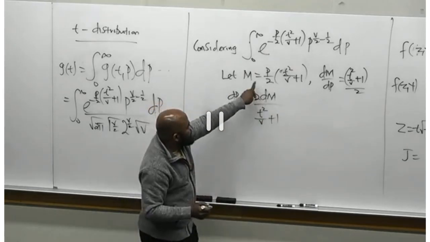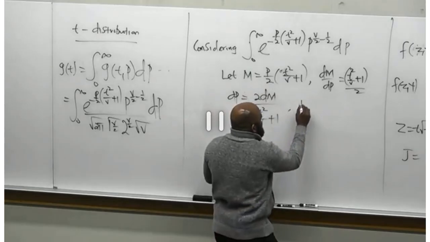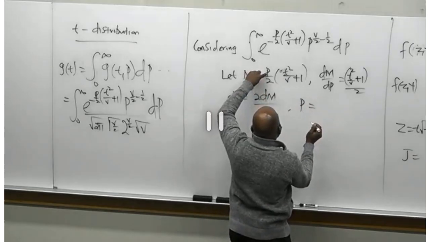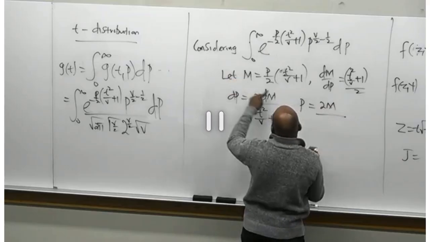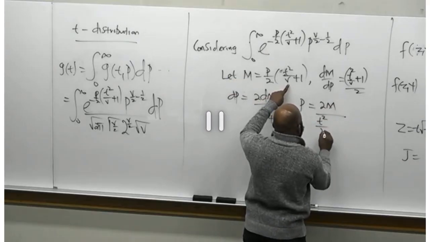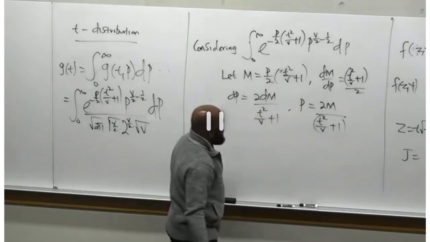Now, what is my P from here? P equals M divided by t squared over V plus 1. Now, look at what I got.